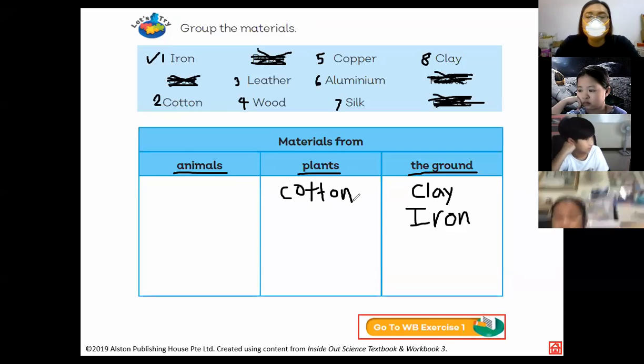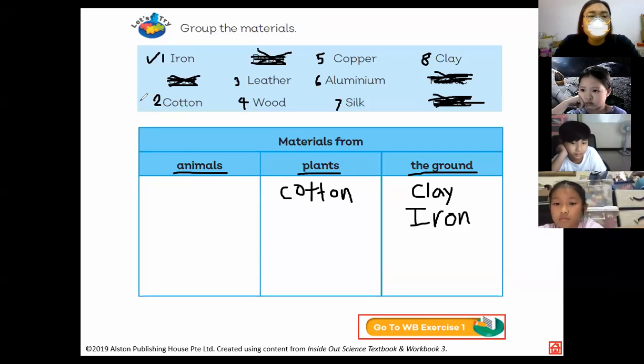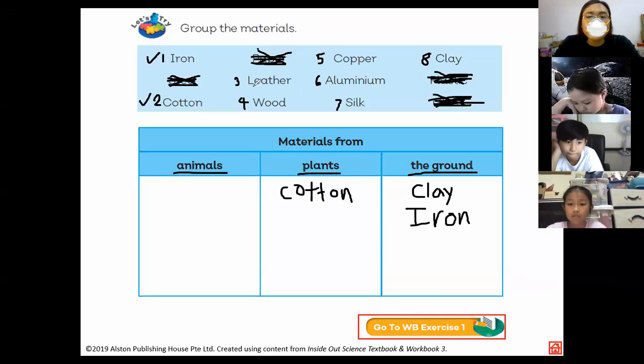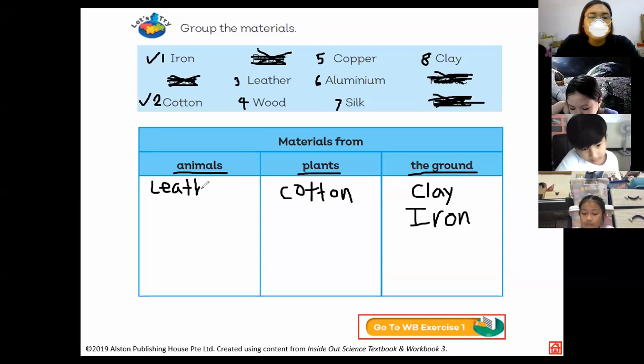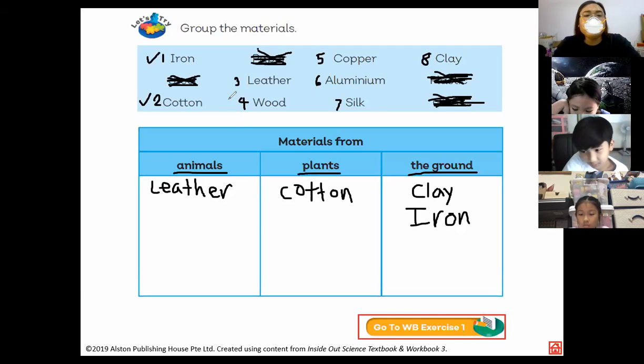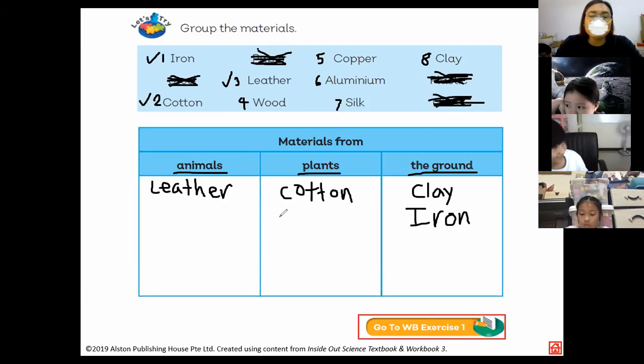Cotton, C-O-T-T-O-N. All right, now what about number 3? Leather. Animals. Okay. Leather. All right, and then number 4, wood. Plants.